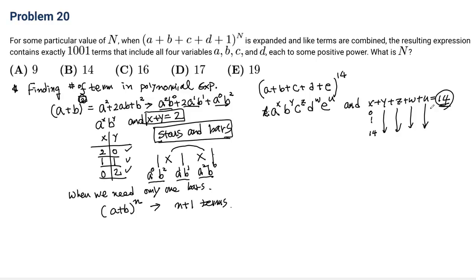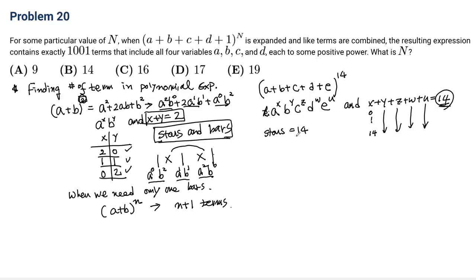So we have to distribute 14 into five containers. If any term can be 0, we use stars and bars. We have 14 stars, so the number of stars equals 14.